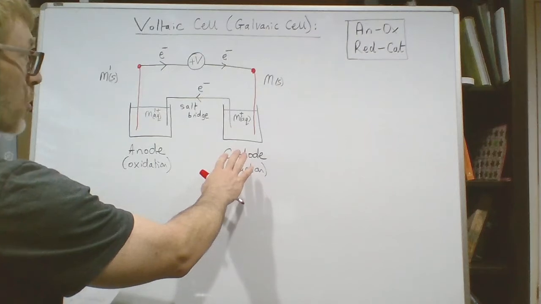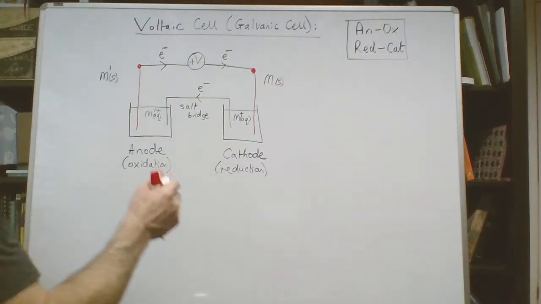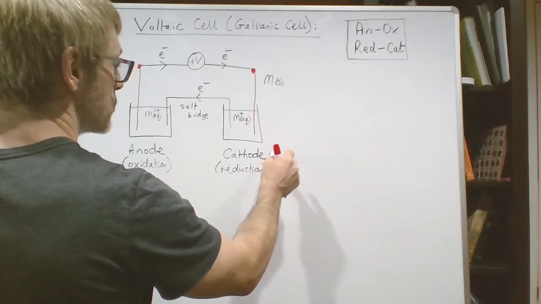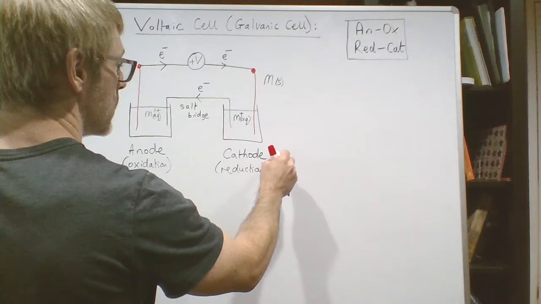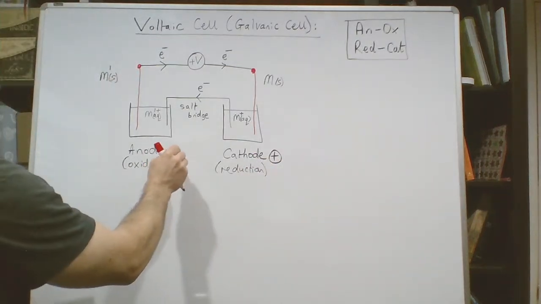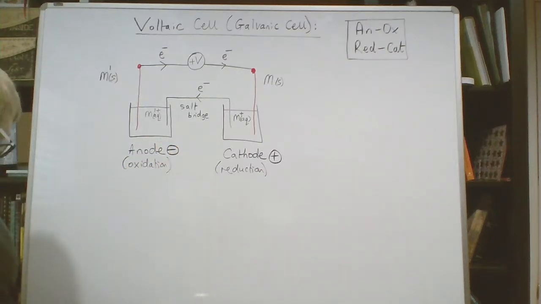So at the cathode, we should point out as well that in a galvanic cell, the cathode is the positively charged electrode, and the anode is the negatively charged electrode. Okay. So this is true in a galvanic cell.